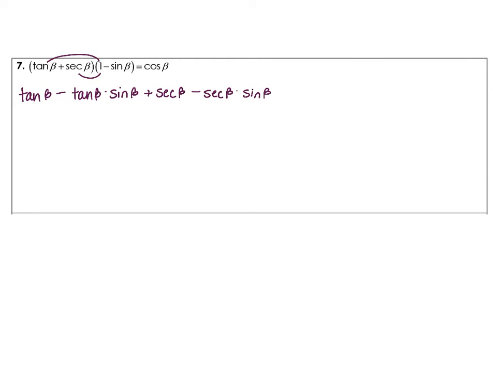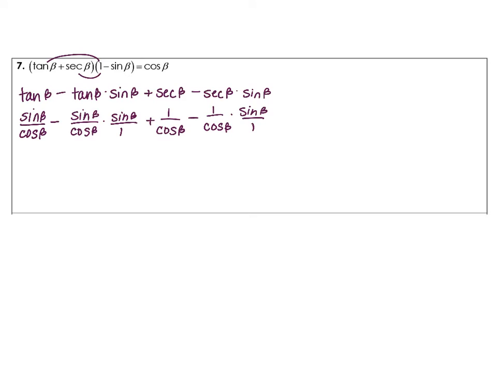Alright, and probably need to change all of this mess into sine and cosine. So we're going to have sine beta over cosine beta minus, again, sine beta over cosine beta times sine beta. And I'm going to go ahead and put that over 1 plus 1 over cosine beta minus 1 over cosine beta times sine beta. And again, I'm putting that sine beta over 1.